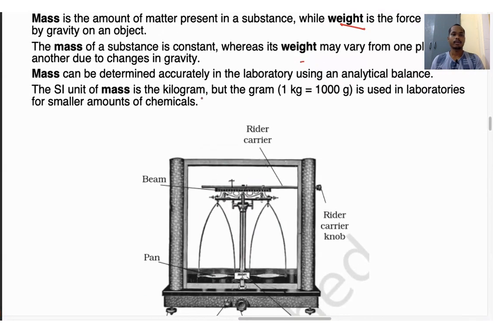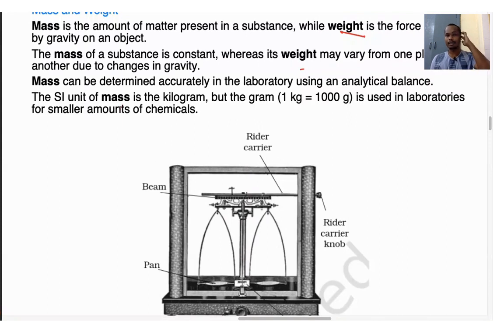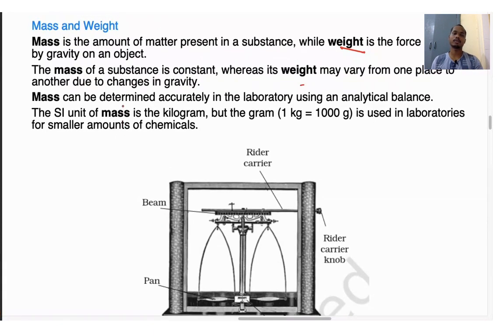In the previous video we have seen the SI system, so let's see how we can use SI units for mass measurement. The SI unit of mass is kilogram. But the gram is used in laboratories for a small amount of chemicals.